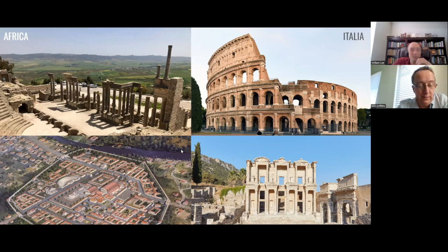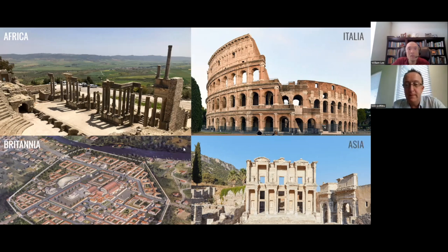So that's actually Britannia. So it's actually Aquae Sulis. So that is a model of Aquae Sulis. Yeah, you can see the bath complex and the temple complex now. So yeah. And then of course we do have Asia.